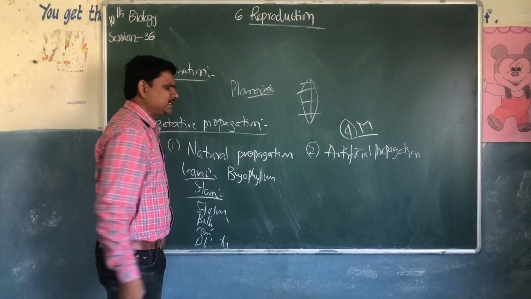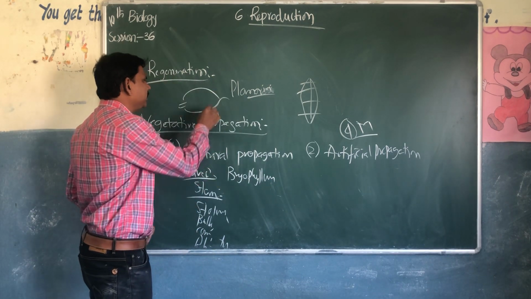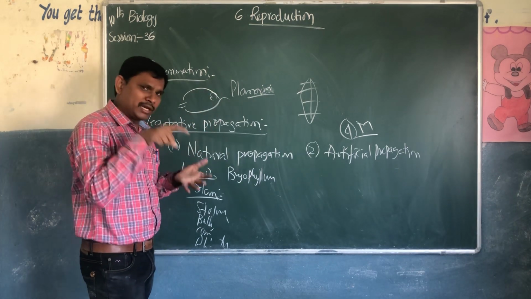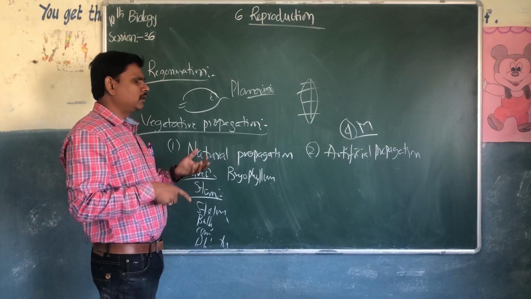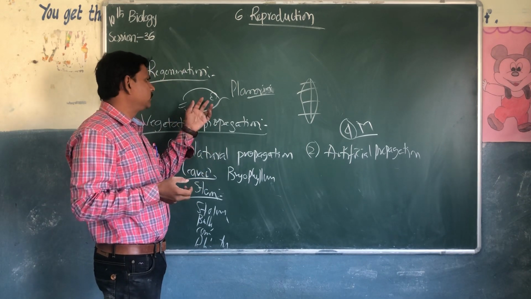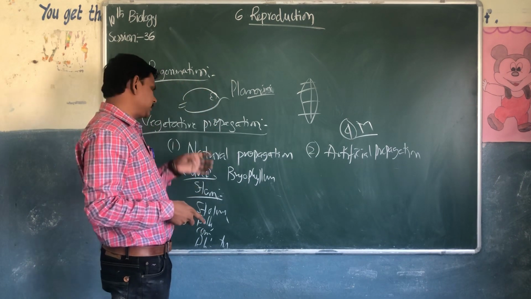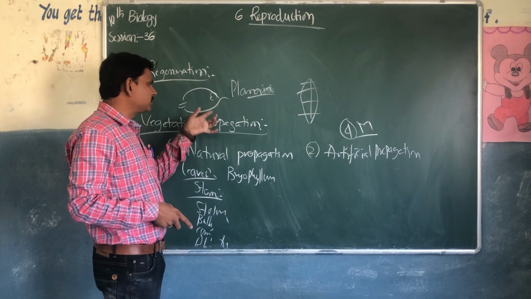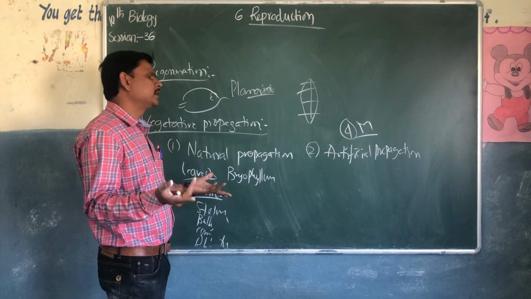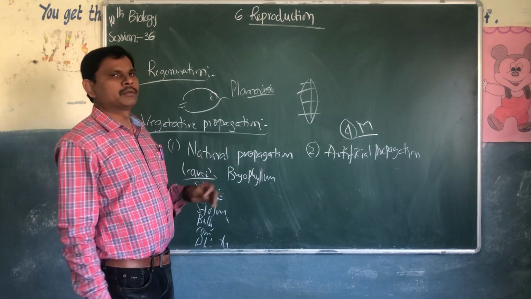From the Bryophyllum leaf itself, small buds will grow, and they grow independently, not depending on parents. From these buds, the roots will penetrate into the soil. If you separate them from the parent, they will grow independently. The best example of natural propagation by leaves is Bryophyllum.